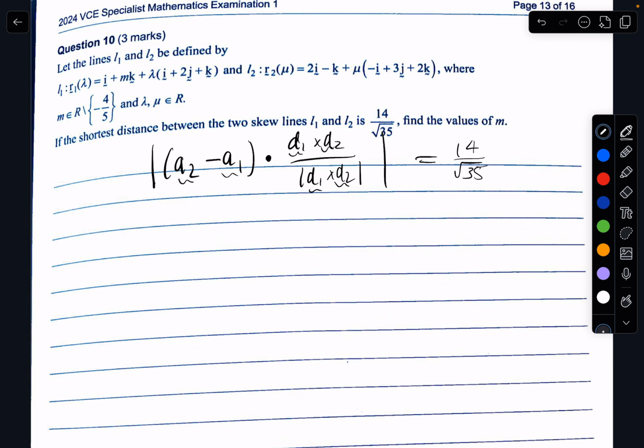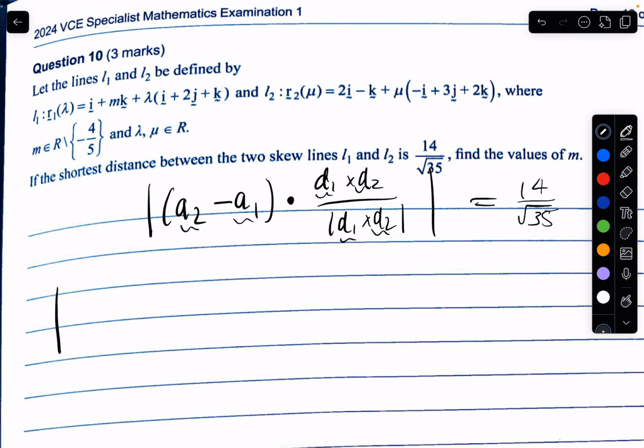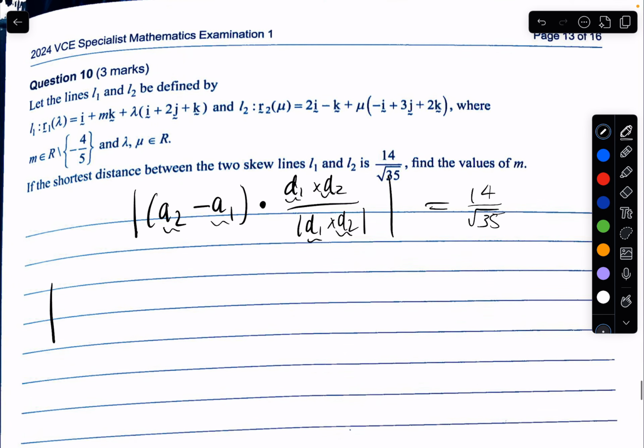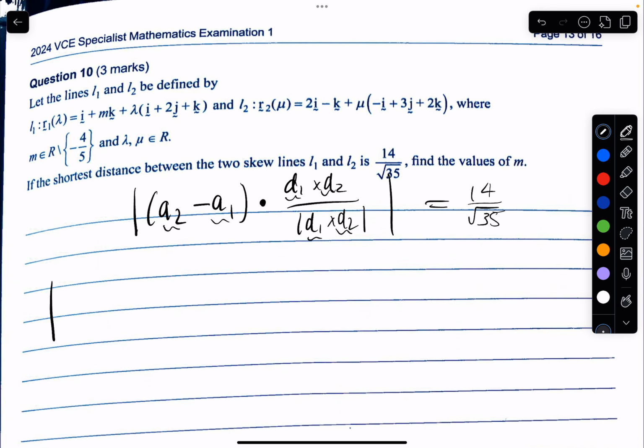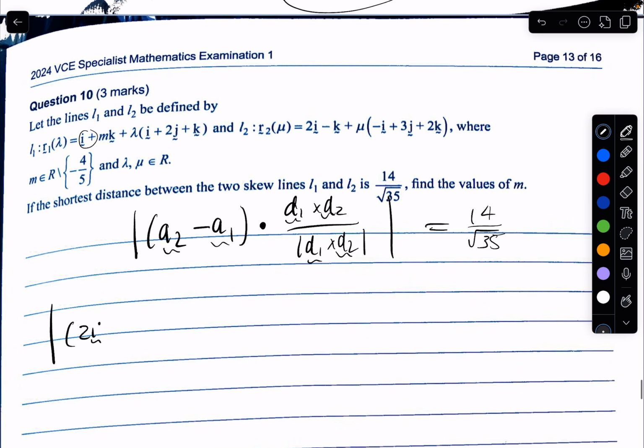Okay, so that will be the magnitude of A2 minus A1. So what's A? Okay, so A2 is 2 minus 1 is 2. And then there's no J. So I'm just going slowly so I don't make a mistake.